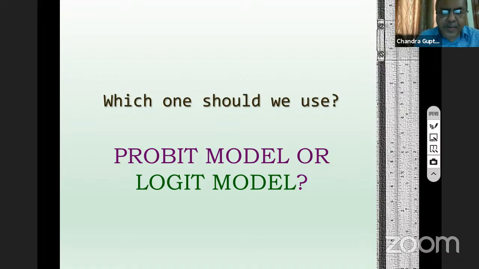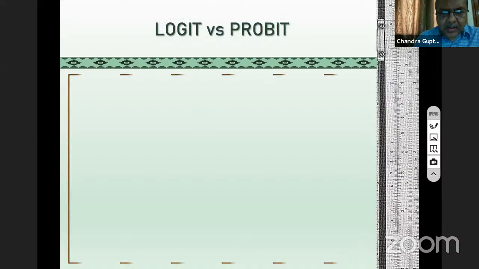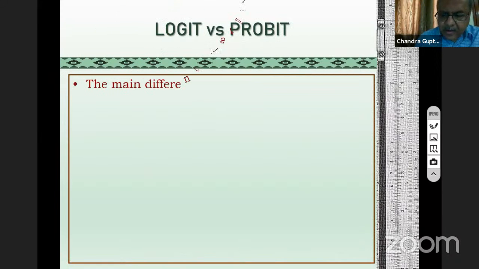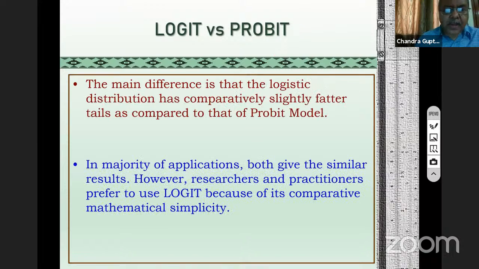What do you think, participants? Should I use probit model? Should I use logit model? Which one should I use? The main difference is that of the underlying distribution. Logistic distribution has comparatively fatter tails as compared to that of the probit model.